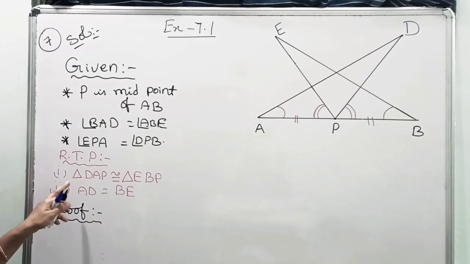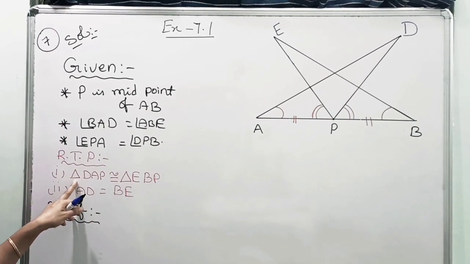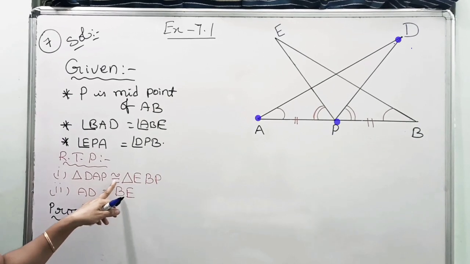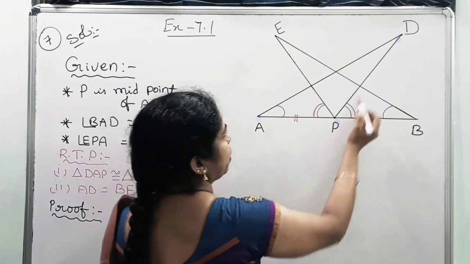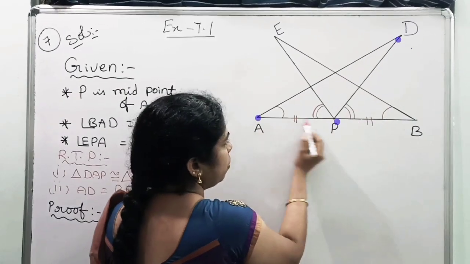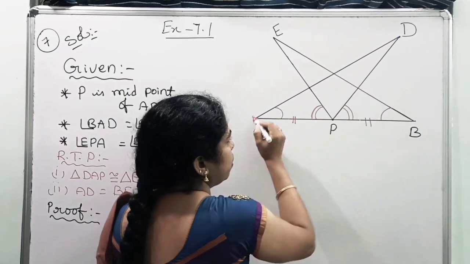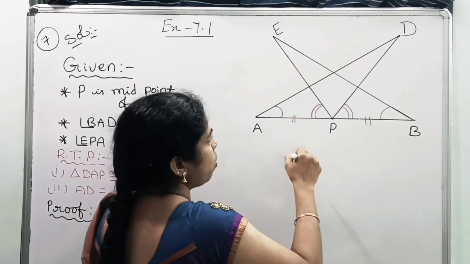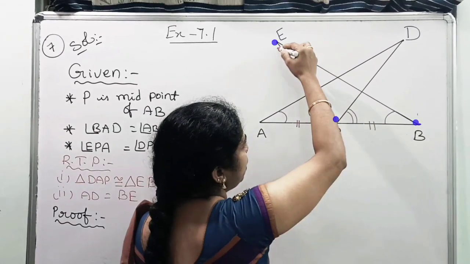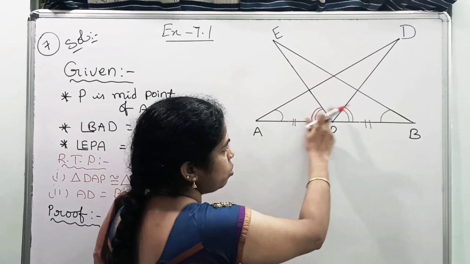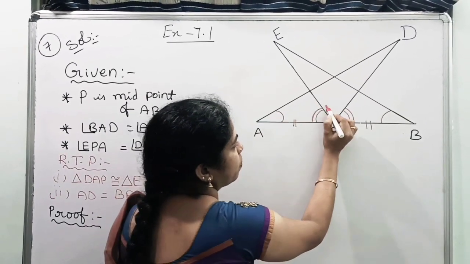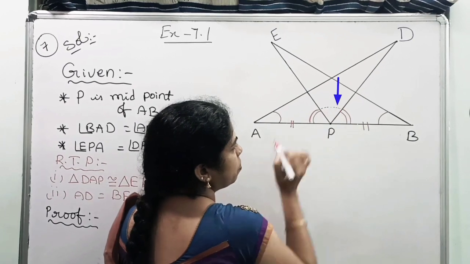Next, what is required to prove? Triangle DAP is congruent to triangle EBP. This triangle, you have to prove it is congruent to triangle EBP. So if you observe in these two triangles, again this part is missing.